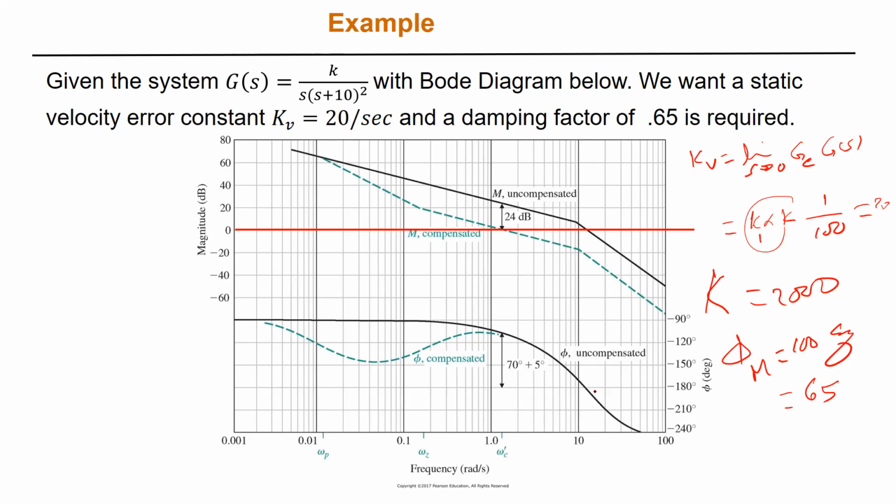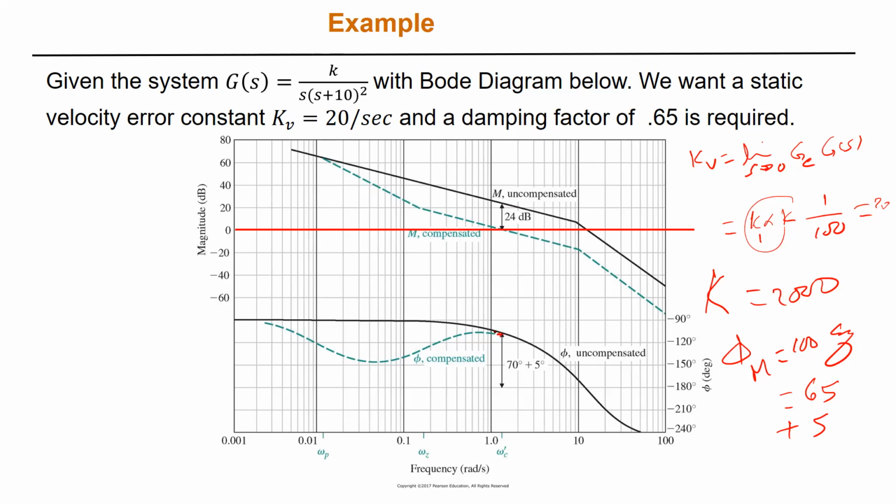So we start with minus 180 plus 65, determine the desired one. Exactly. So look, if this is 65, we take again a safety factor, let's say 5, plus 5 that will be minus 110. And minus 110 is this point.